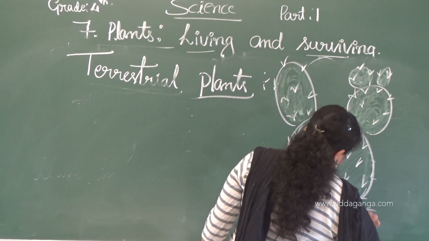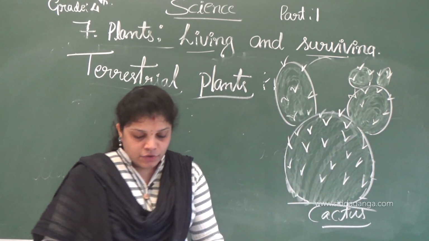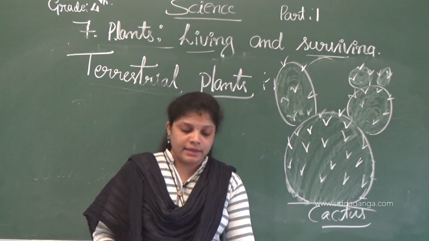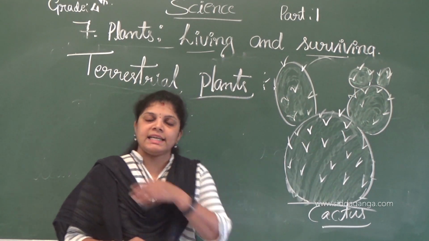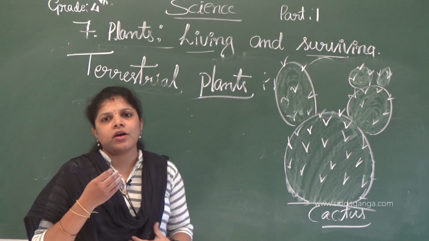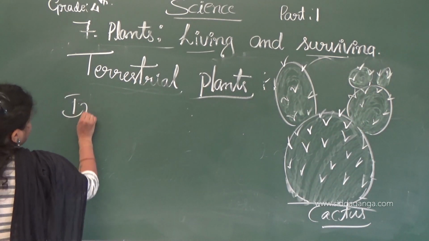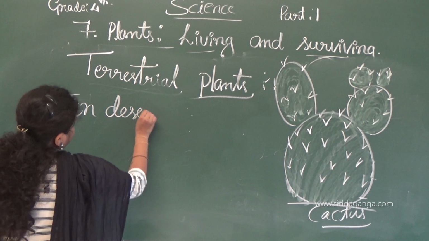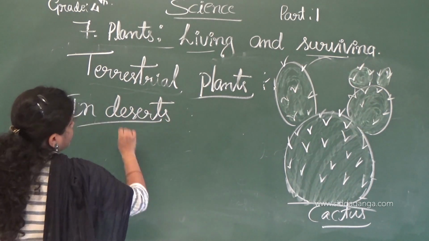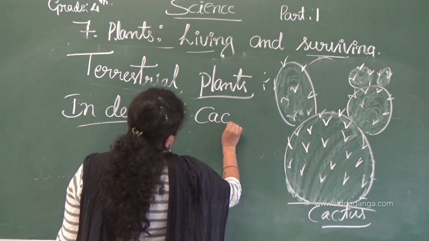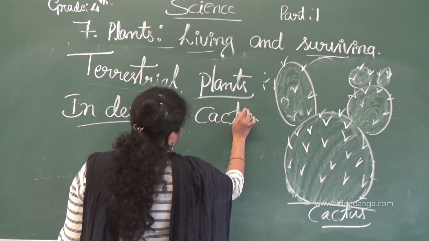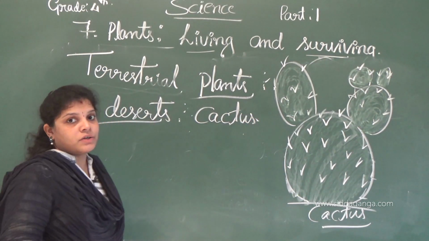Cactus. Yes, normally we can see these cactus plants in desert areas. Desert area means it's a hot place. Yes, in deserts, normally which plant can we see? Cactus. About cactus you learned in the last chapter, isn't it?